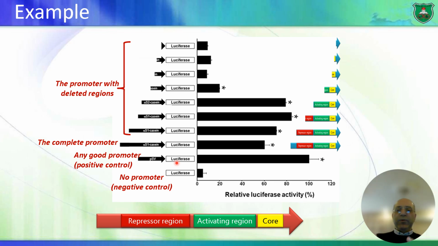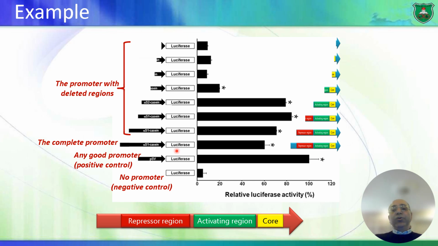So each group of cells has a recombinant plasmid DNA containing the luciferase gene and different pieces of the promoter. And I measure the amount of light that is produced by converting the luciferin substrate into the light product. Okay, great.